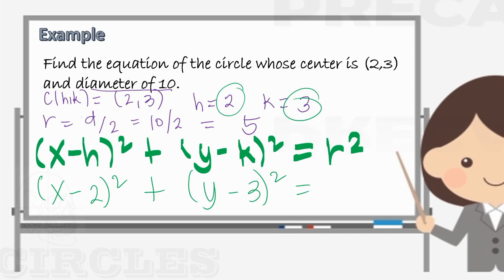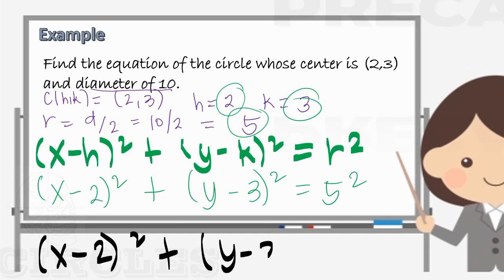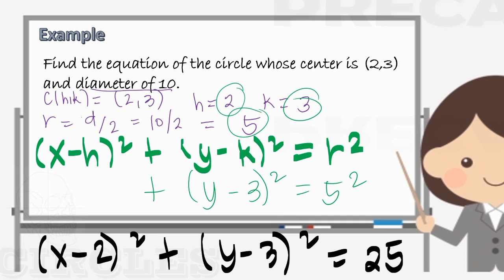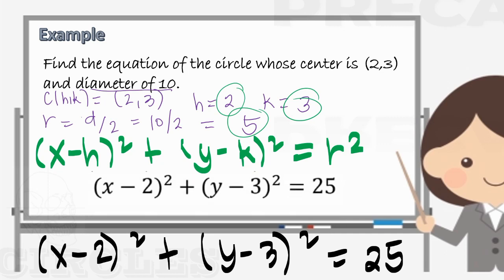Yung r na nakuha natin is 5 squared. So, parang katulad siya nung case number 3. So, ang given lang is diameter. And then, the final equation, x minus 2 squared plus y minus 3 squared is equal to 25. So, double check natin kung tama ba yung final equation natin. Yan, x minus 2 squared plus y minus 3 squared is equal to 25. Tama naman yung sagot natin.